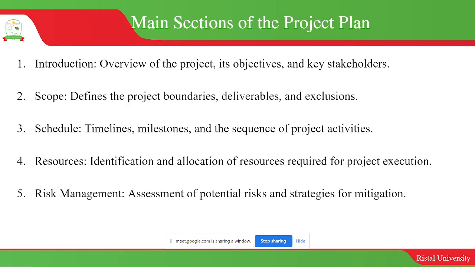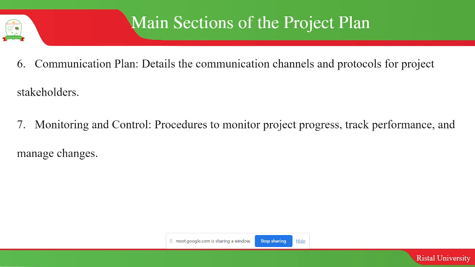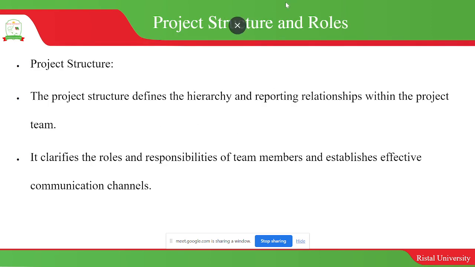So definitely, each of those parts we have just described has to be in the project plan: the project description, the introduction, the scope, schedule, resources, the risk management strategies, the plan for communication, and then monitoring.